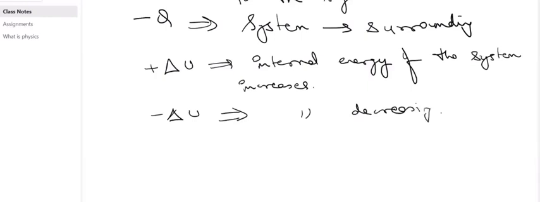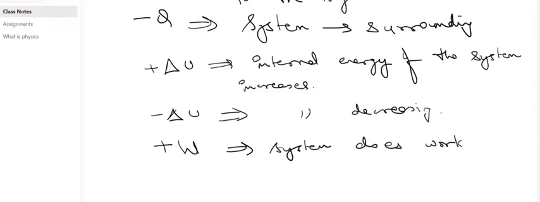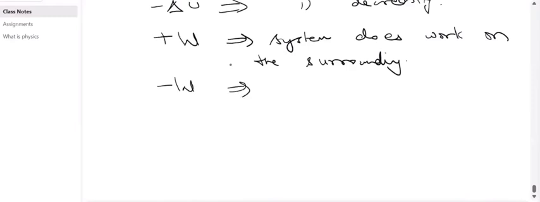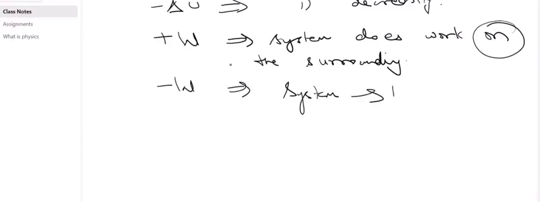Now after this we have plus W, which means that the system does work on the surrounding, whereas minus W indicates work done on the system, I mean, the surrounding is doing the work on the system.